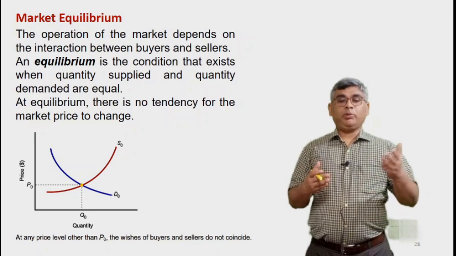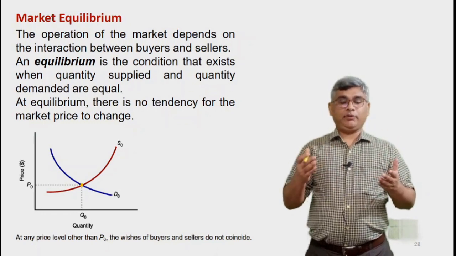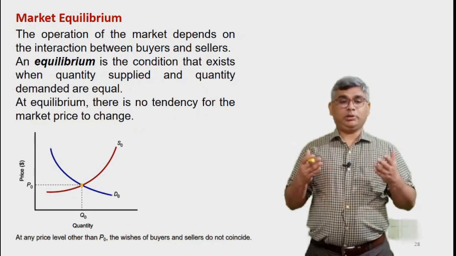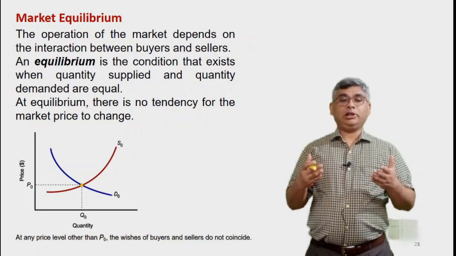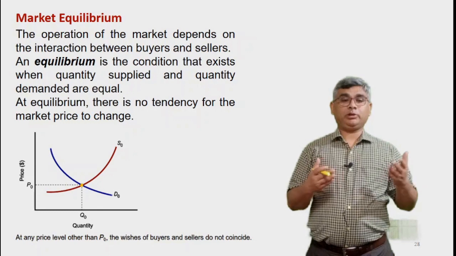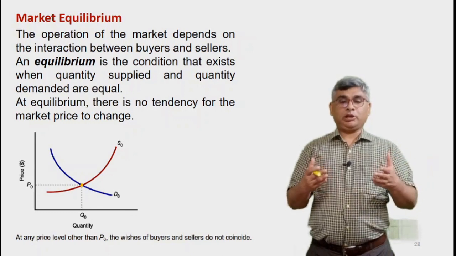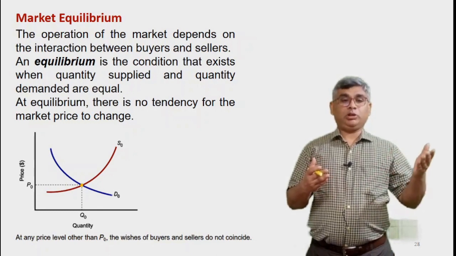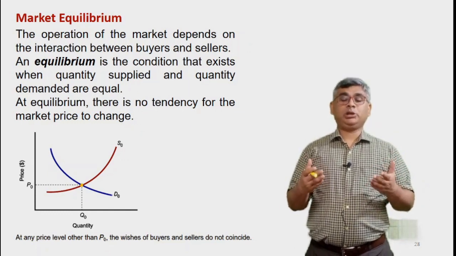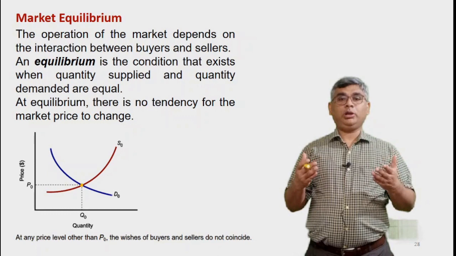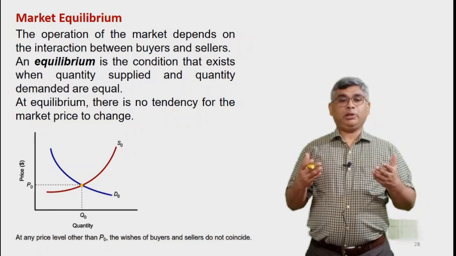At the equilibrium point, where the supply curve and the demand curve intersect, that is ideally the demand, and the corresponding point of intersection on the y-axis reflects the price at which any item or good should be available in the market.